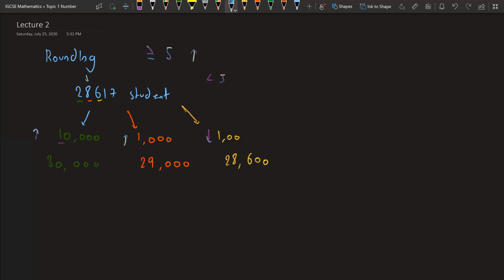As you can see here, this number is 1, which is obviously less than 5, so we round down. This number is closest to 600 than 700. Whereas for the 28,617 number over here, it's closer to this number than to that, so we round up.